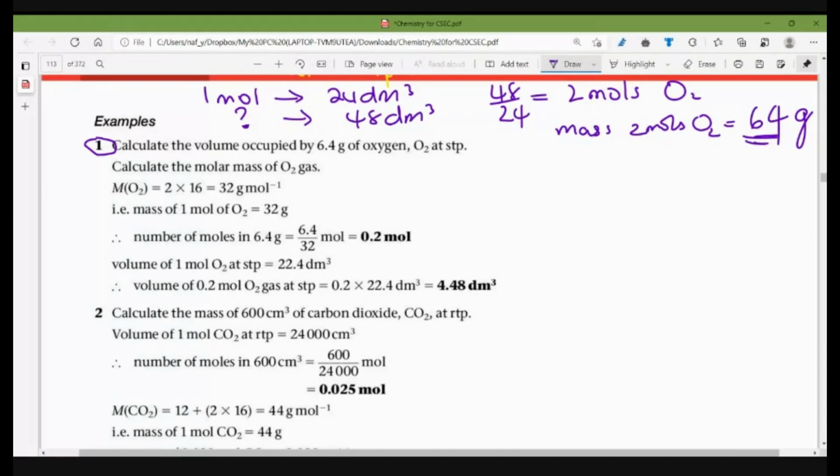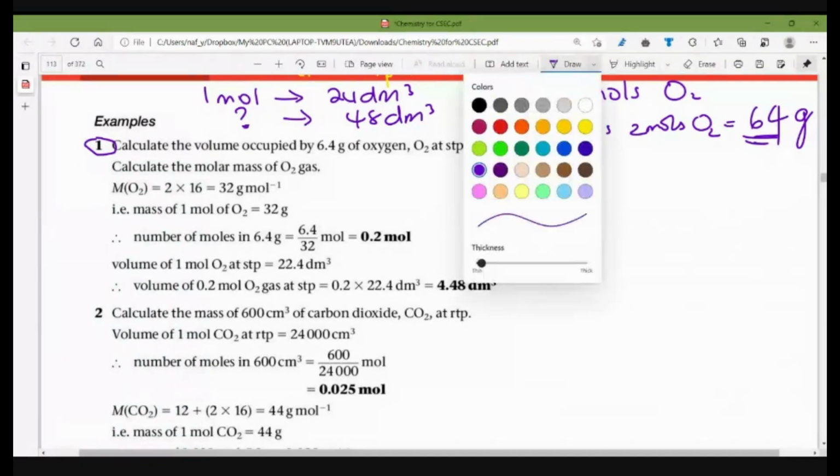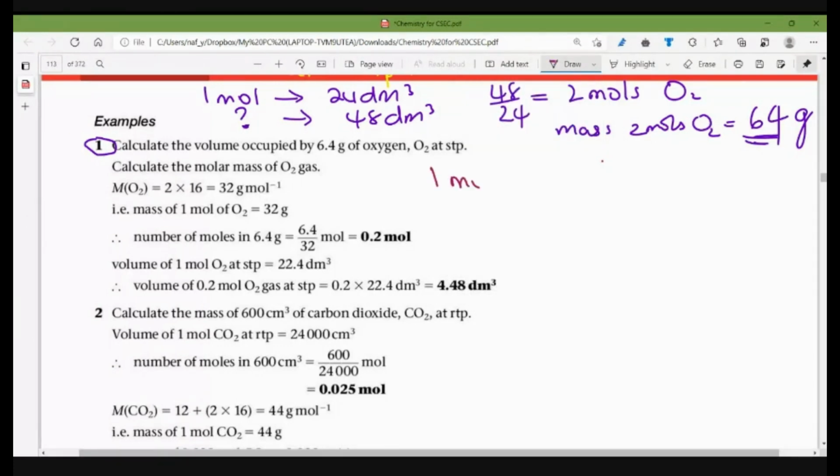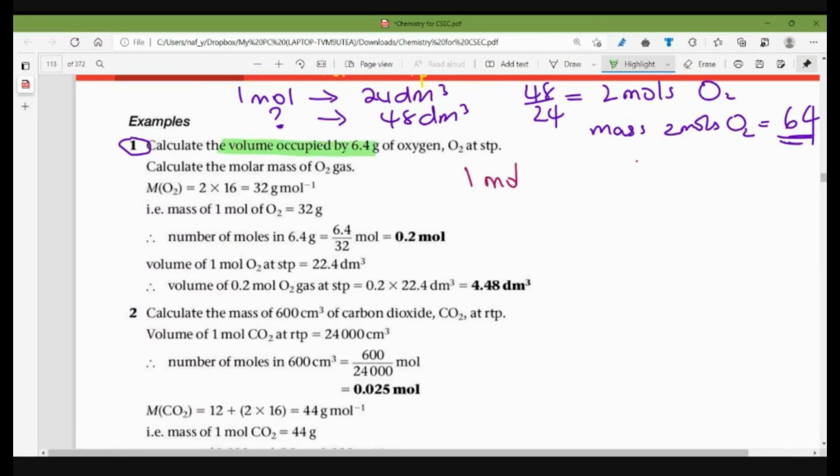All right? Let's write down two things that we know, because we're looking at volume. Remember we're looking at this question here, please. This is the question that we're looking at. So what do we know? We know that 1 mole of oxygen occupies a volume of 22.4 dm cube at STP.